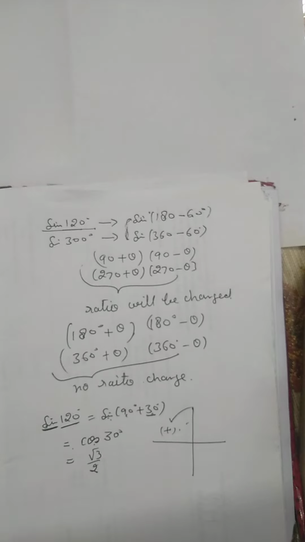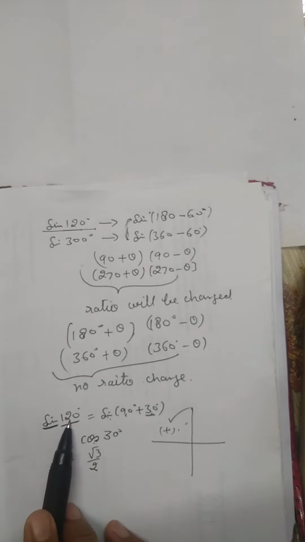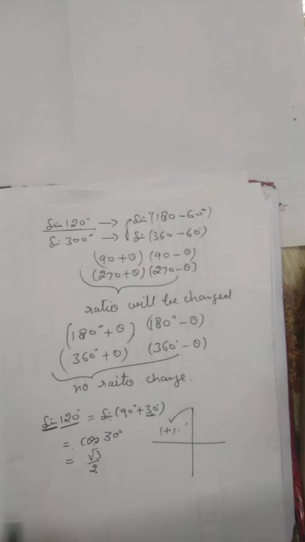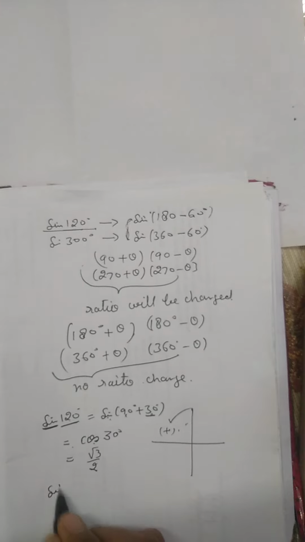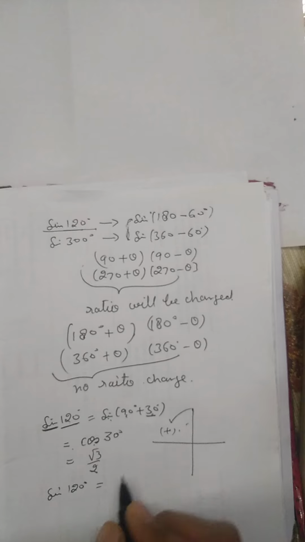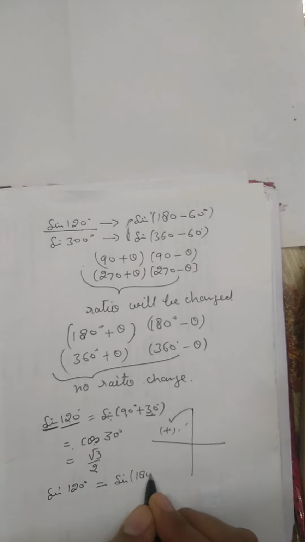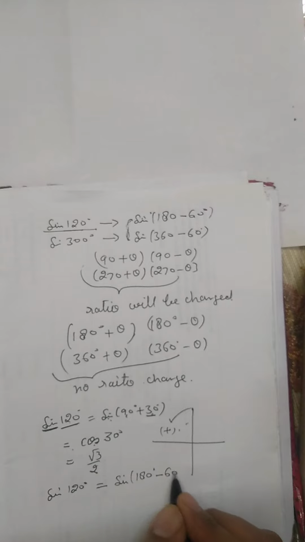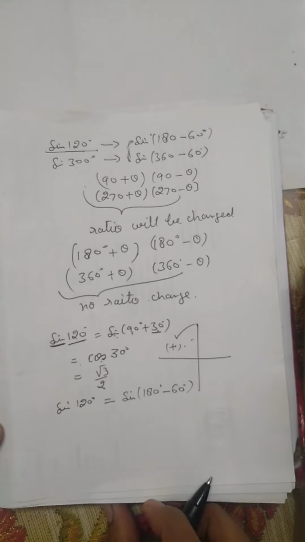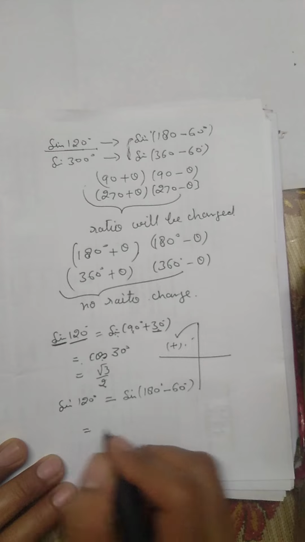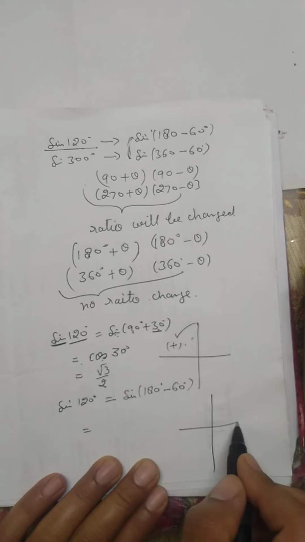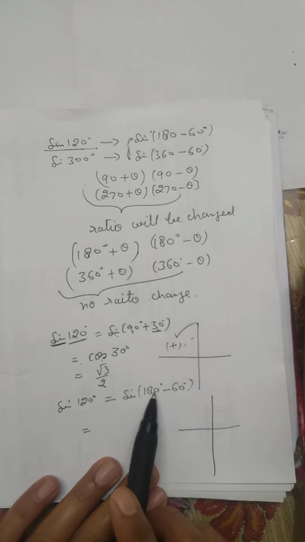Now I will calculate the same with the help of the 180 measure. Sine 120 degree is equal to sine of 180 degree minus 60 degree. Once again, first of all we will check in which quadrant the angle lies.